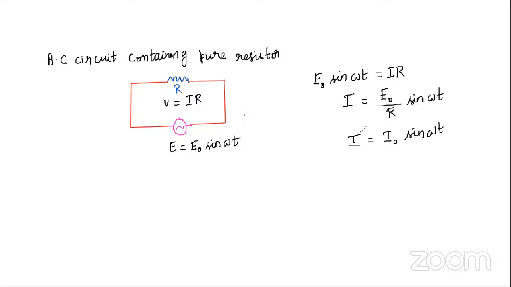So here this I naught is called the peak value or the maximum value of current. As mentioned earlier, there won't be any phase difference between the voltage and the current.